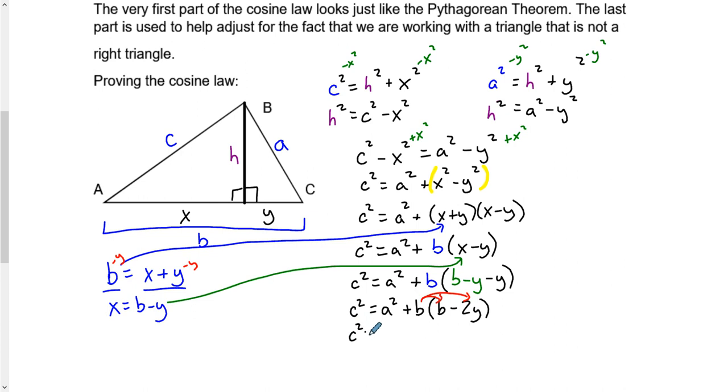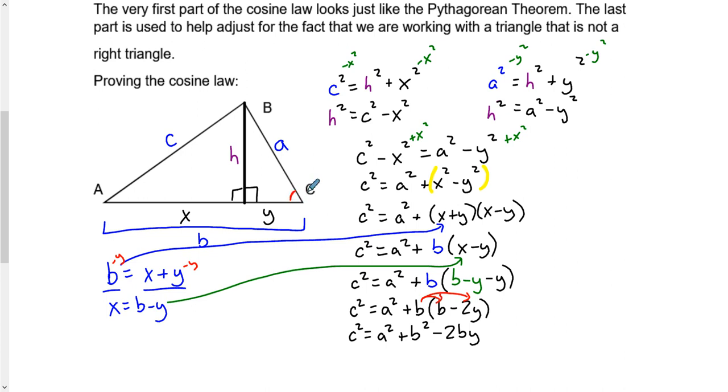So c squared be a squared, adding b squared, minus 2by. Well, let's go one more thing. I know it's very convoluted, especially the cosine law. It's going one step at a time, using a whole bunch of different substitutions. But it does help us to say that, yeah, this formula is actually right.